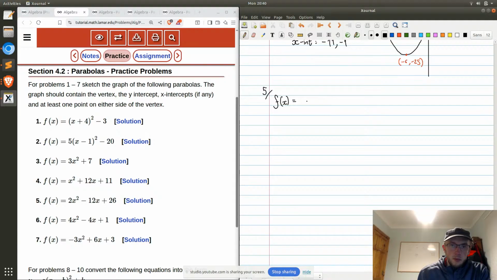We'll factor out 2. Now, when you square this out, you get 36. Double it, you get 72. But that came out of nowhere, so you have to take away 72. So what's 26 minus 72? That would be negative 46.